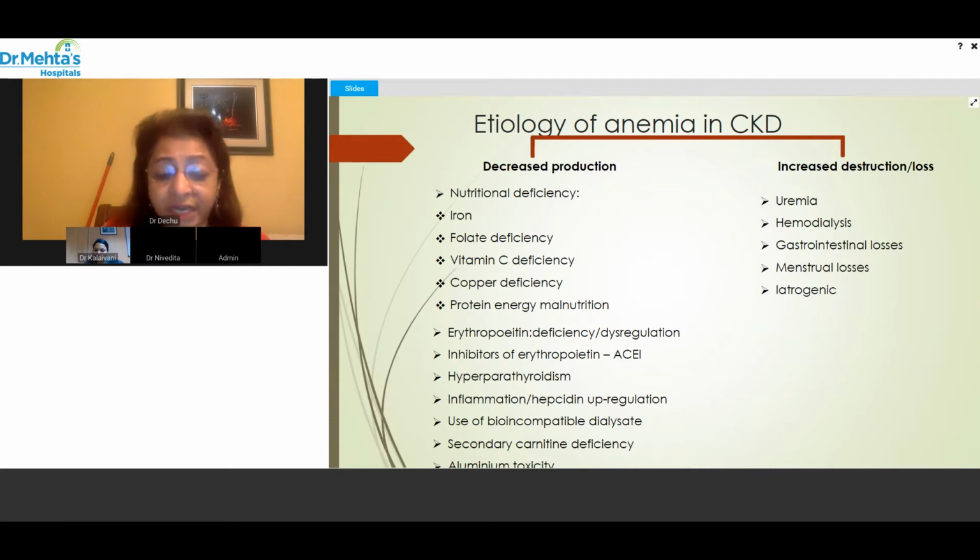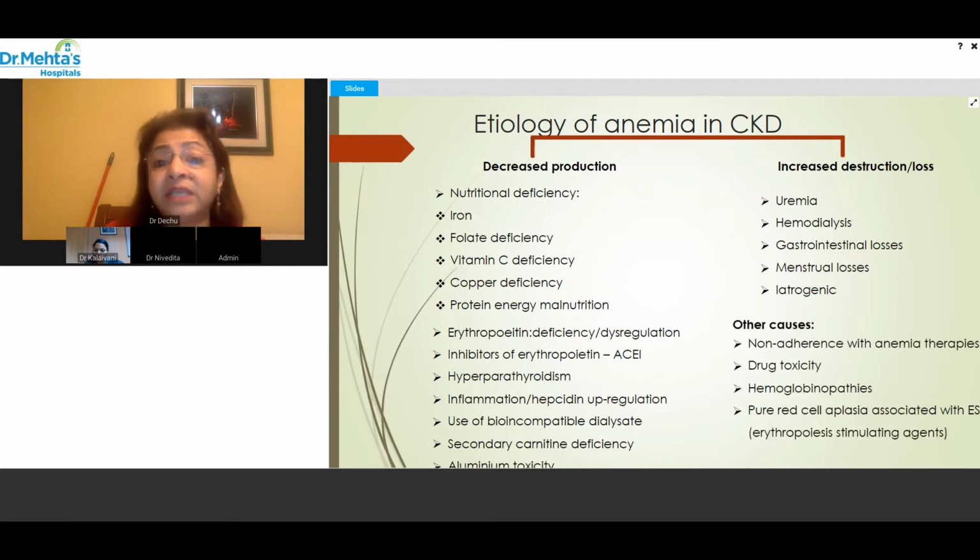So iatrogenic anemia in CKD patients. Other causes would include non-adherence with anemia therapies. Sometimes patients not wanting to take iron because it makes them constipated, and so on. Drug toxicity with a number of drugs, especially with the immunosuppressants like CellCept that we might use for patients who have nephrotic syndrome and so on.